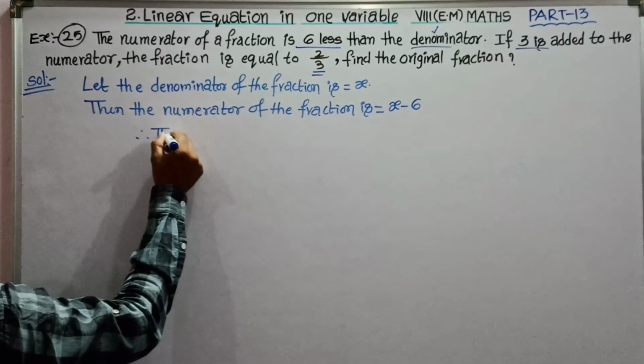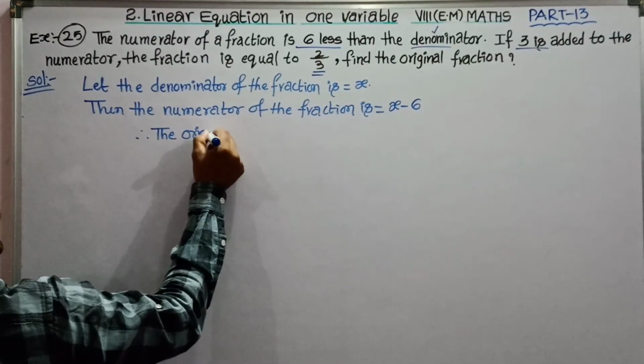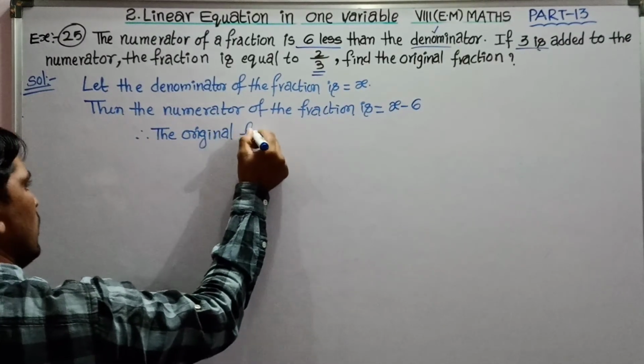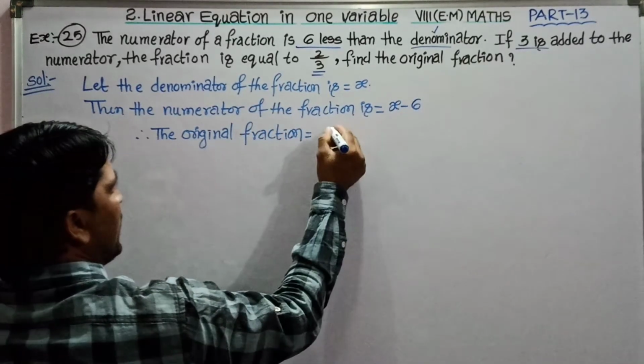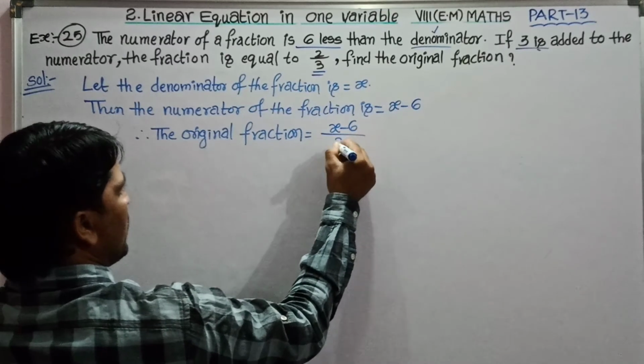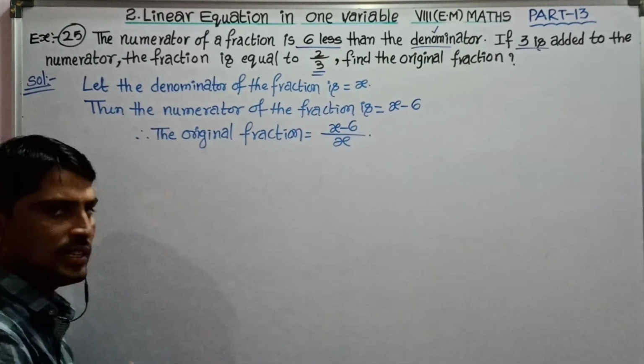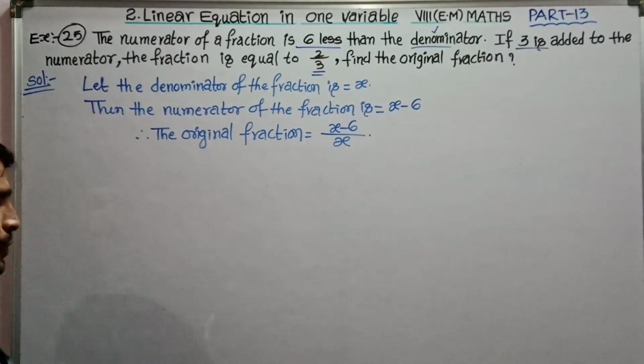Therefore, the original fraction, our required fraction, is numerator x minus 6 over denominator x. So x minus 6 by x is our required fraction or original fraction.